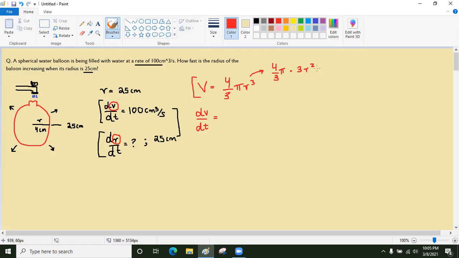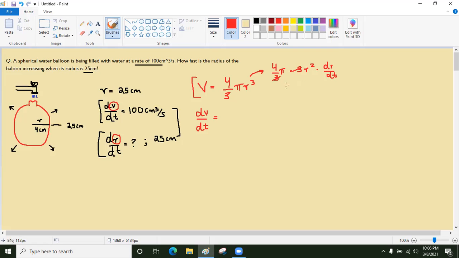And you have to think of r as being something of a composite function, because r is a function of time. When you think about a function within a function, you think of the chain rule when we're differentiating. This leads you to taking the derivative of the outside first, which we've done, and then taking the derivative of r, the inside, which is just dr dt.